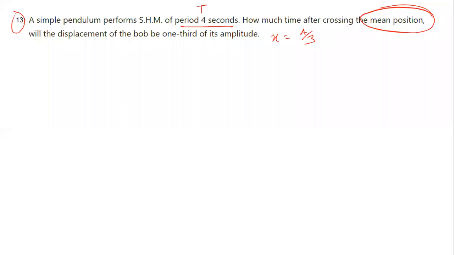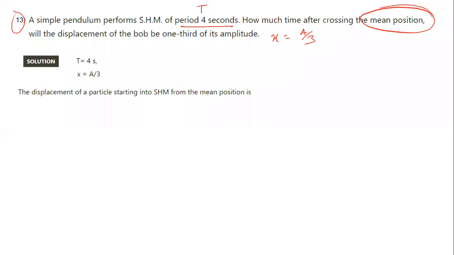So after crossing mean position, we start with the displacement formula. If particle starts from mean position, displacement is given by x is equal to a sin omega t. So here T is 4 seconds, x is a by 3. In that omega is not given, but here period is given.